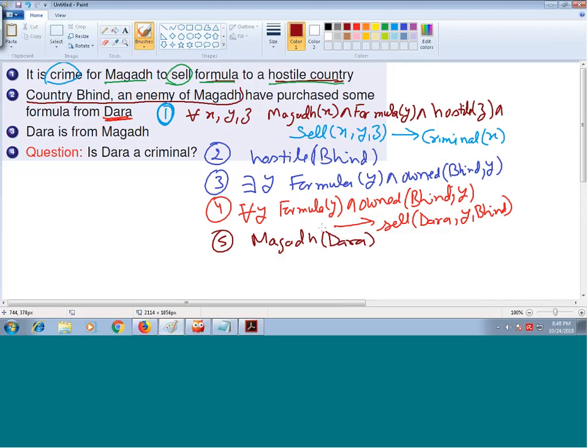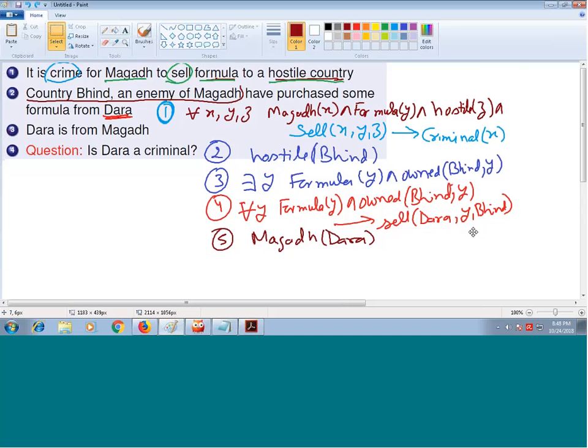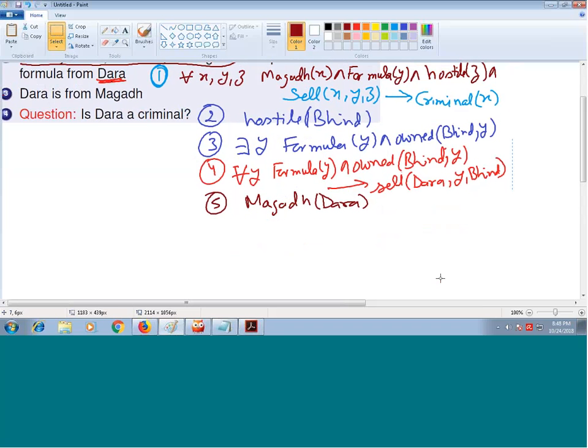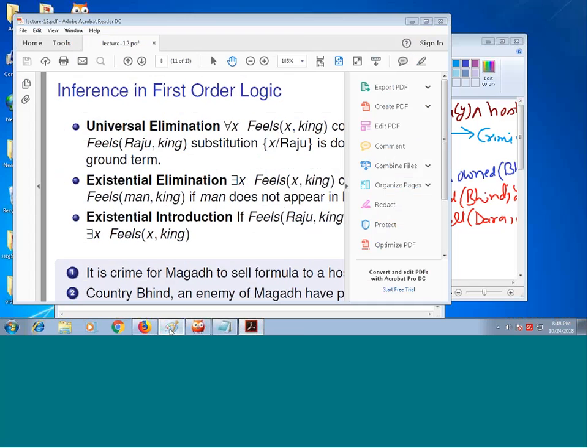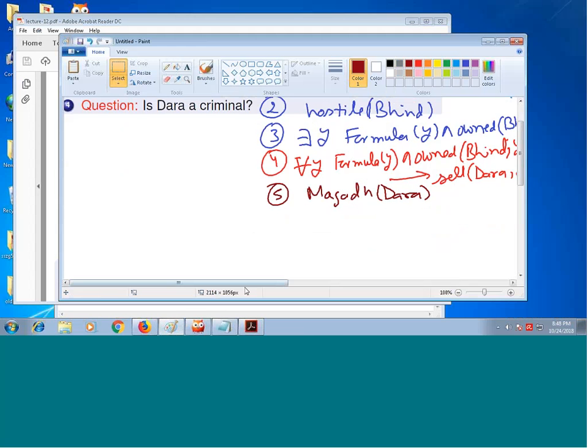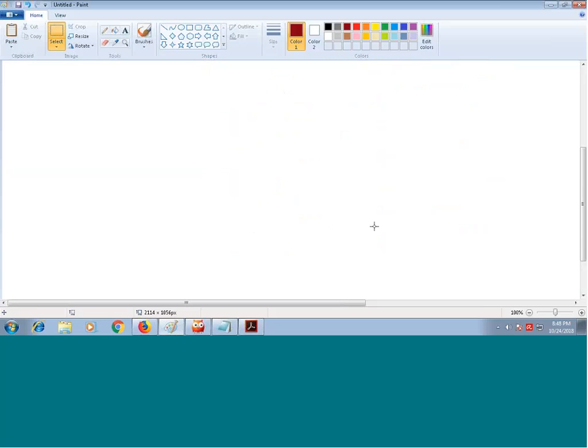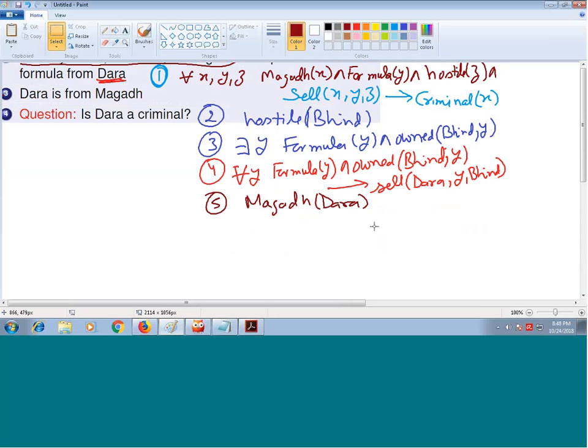Now I want to apply some logic. Let us see what logic we can apply. Using these formulas, what logic can I apply?